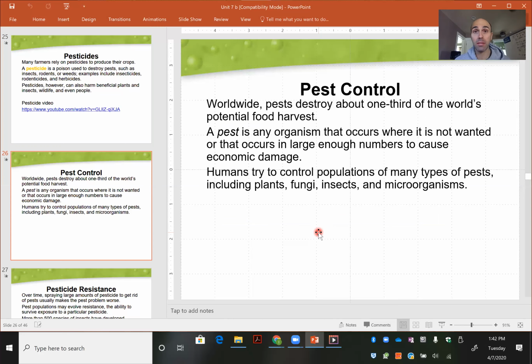So in some cases, with these large fields with all of their crop, you may get pests, some organisms that move through and essentially just attack the entire crop, believe it or not. Humans try to control populations of many types of pests, including plants, fungi, insects, and other microorganisms.